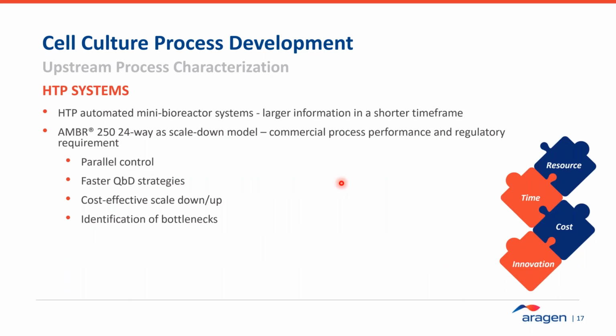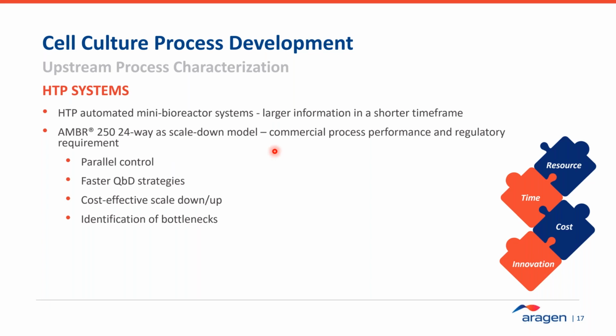With the help of high throughput bioreactor system, we can generate richer data in a shorter time frame. Ambr 250 system is an example of high throughput bioreactor system, which can be used as a scaled down model to simulate the commercial process performance. And also it can help with meeting regulatory requirements.